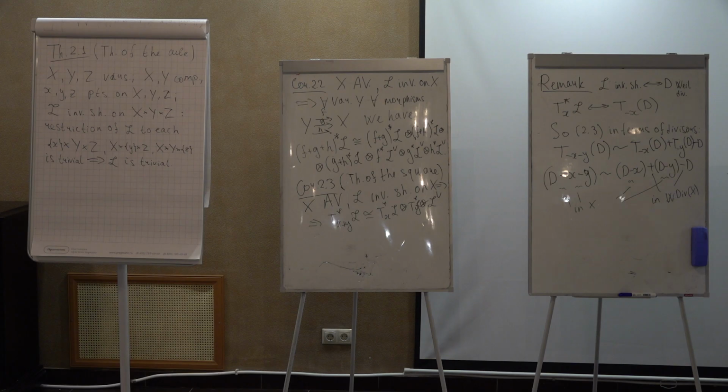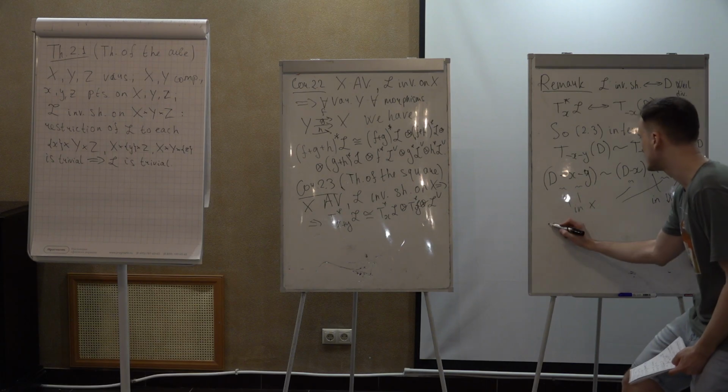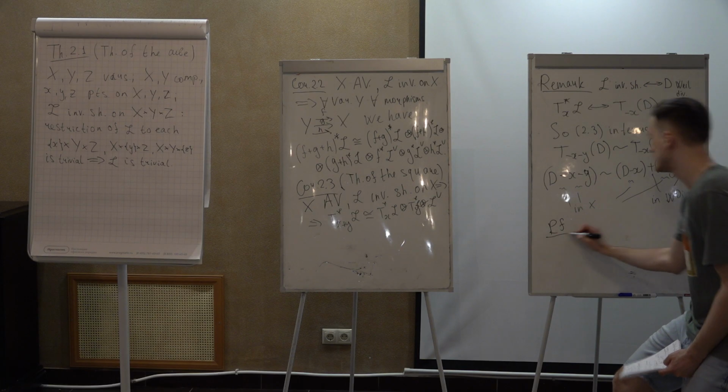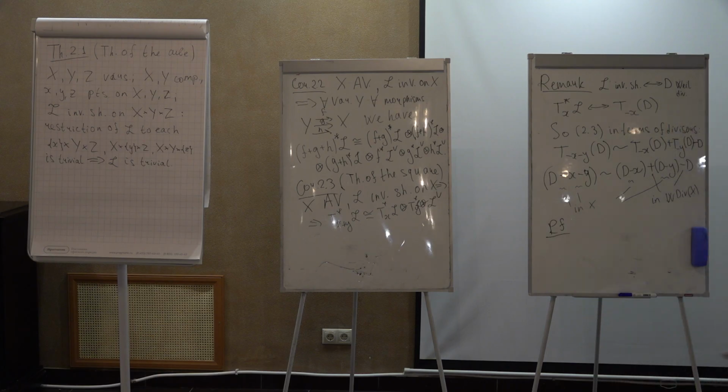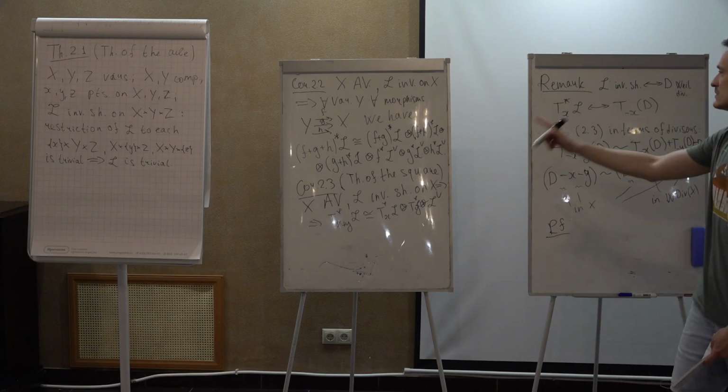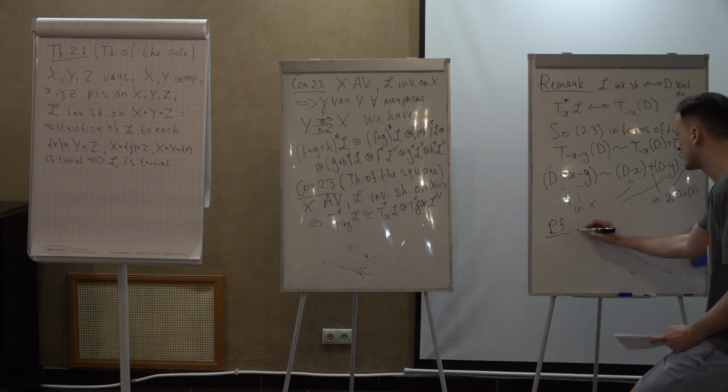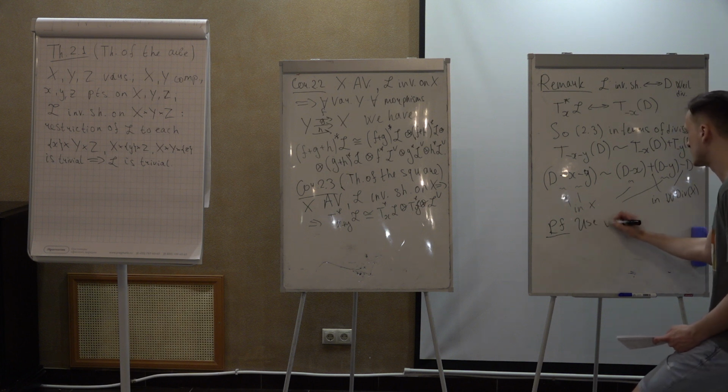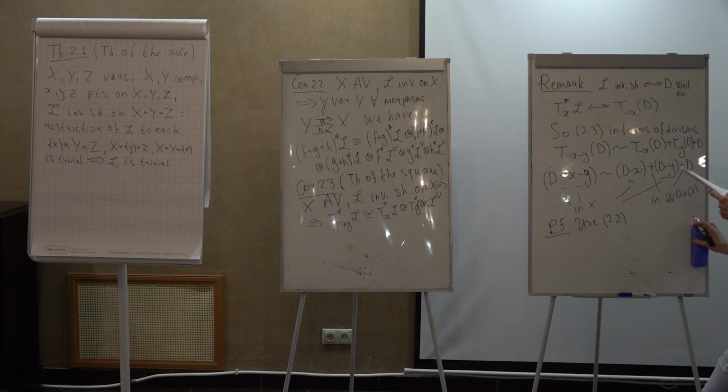So it's now not so strange, and we can maybe prove this even using this unproved corollary. Okay, proof. Well, just use 2.2. Use 2.2 for very specific morphisms.